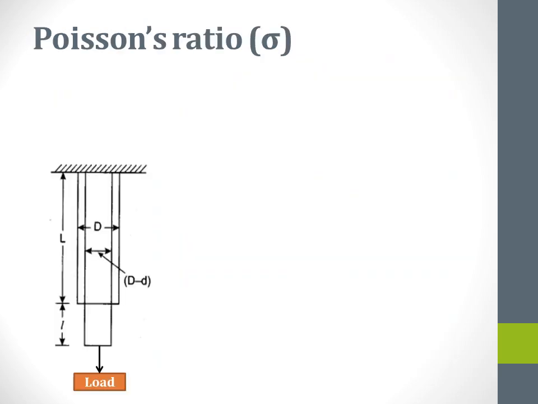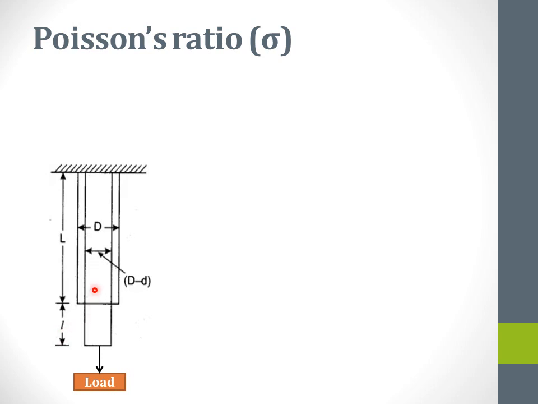Consider a wire of length L fixed at one end and free at the other end. The free end is loaded, and therefore the wire undergoes an elongation by a small length l.